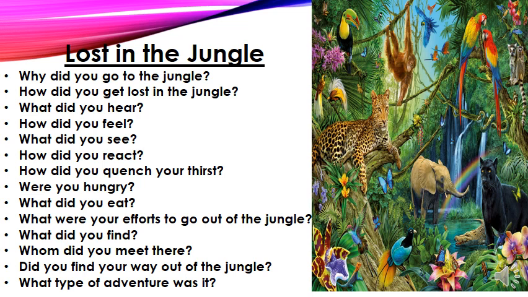What did you see? Then you are going to write what you saw there. Yes, you saw a lot of wild animals there. You can see a monkey in a jungle.